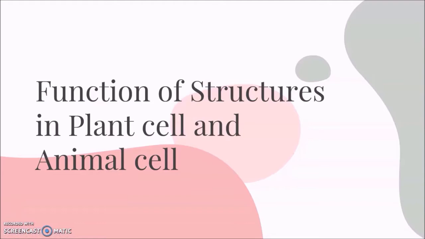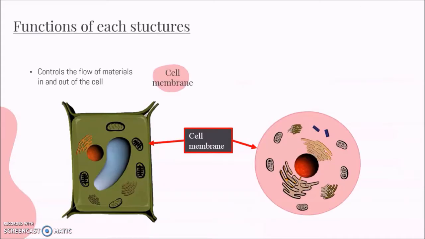So, what are the functions of the structures in plant cells and animal cells? Cell membrane: it controls the flow of materials in and out of the cell.